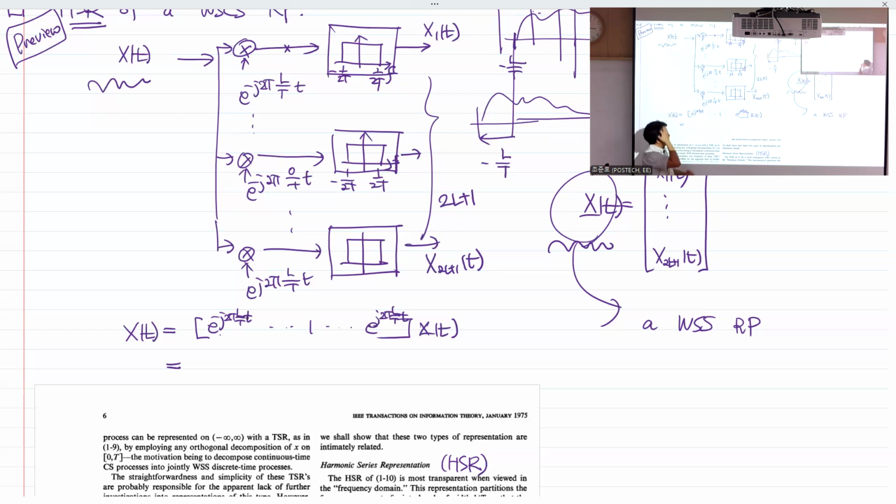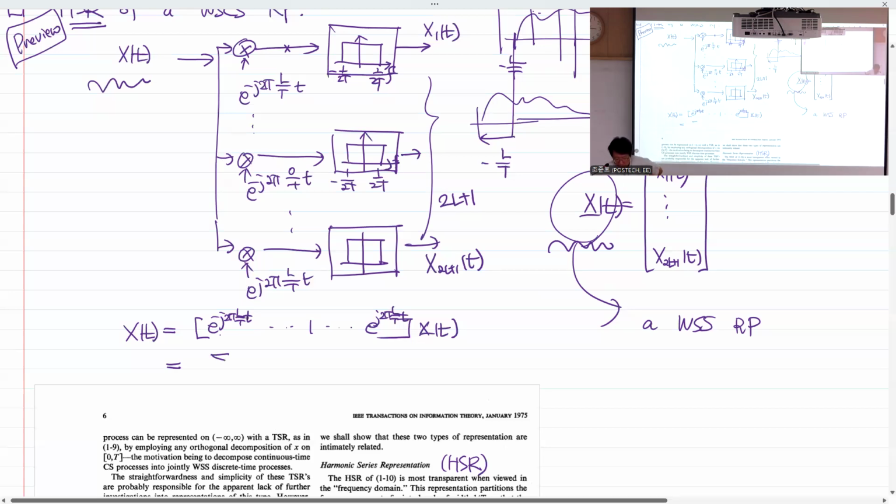And of course, depending on the number of elements, you may choose L. By the way, you may have an even number of wide-sense stationary random processes, then just include the 0 random process. A random process with 0 value for all t is jointly wide-sense stationary with any wide-sense stationary random process. Got it? So that doesn't matter much.